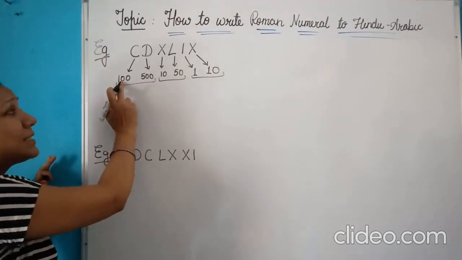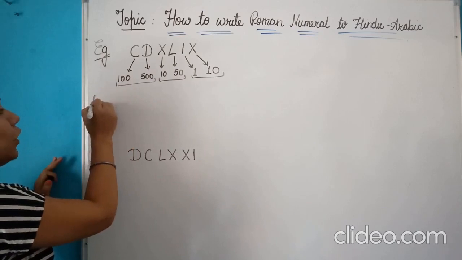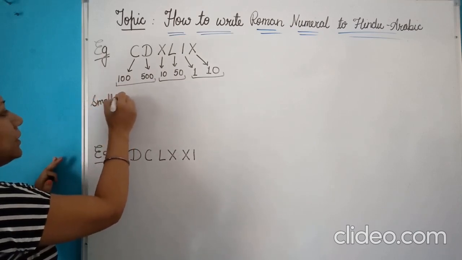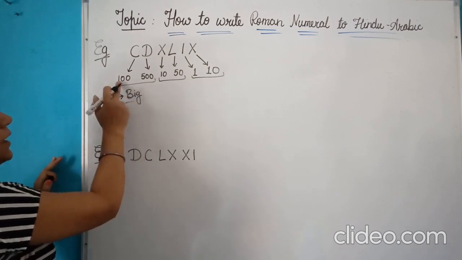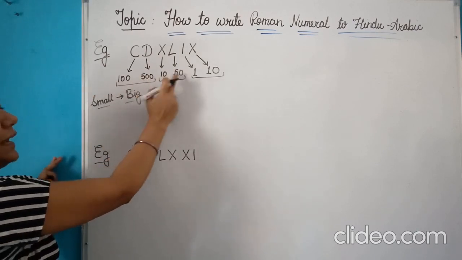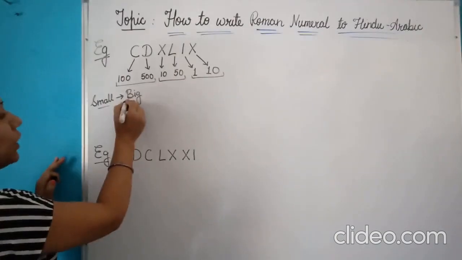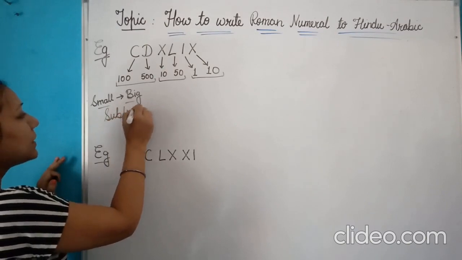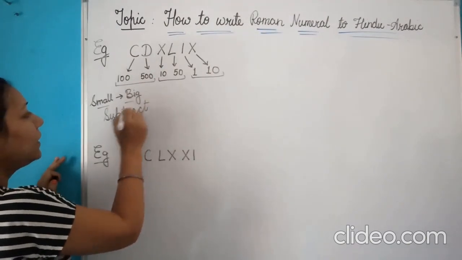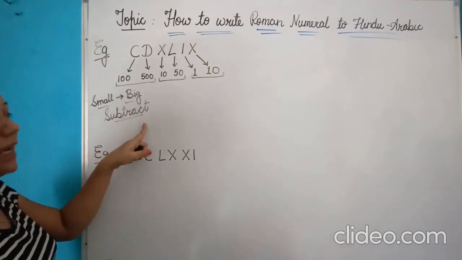So when we move from small to big, like 100 to 500, 10 to 50 and 1 to 10, in this situation, from smaller to big, we need to subtract. So for small to big, we subtract the values.